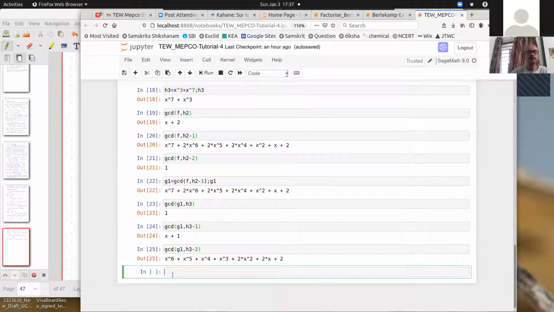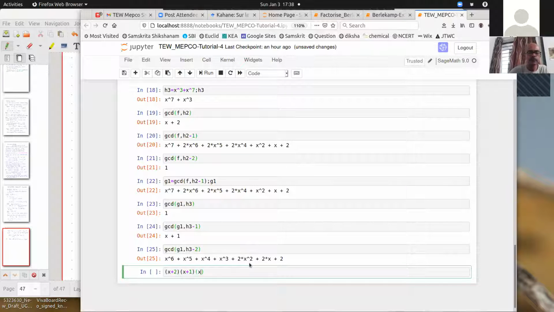Therefore, if I write this out, just gathering the results, we got x plus 1, x plus 2, x plus 2, and then x plus 1. So x plus 2 into g1, and g1 is factored into x plus 1, and then we have this.